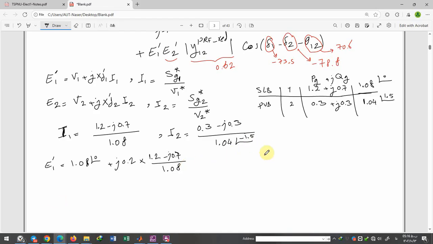And E2 prime is 1.04 with the angle of 1.5 plus j0.2. And I2 is 0.3 minus 0.3j over 1.04 minus 1.5.